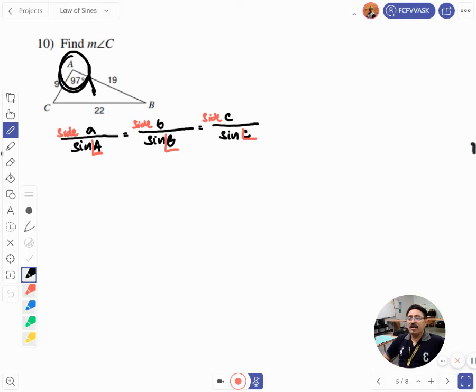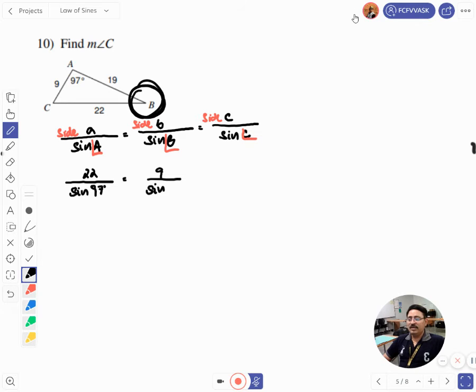Side A is 22 over sine 97 degrees. Side B is 9 over sine B, and I don't know the value of angle B here. That equals side C, 19 over sine C.